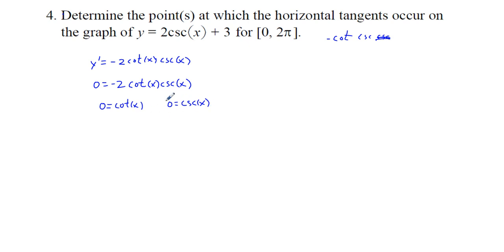Well, it so happens, as far as this cosecant equation, the cosecant will not be between negative 1 and 1. So we know that we can't get a 0 out of this one, but the cotangent we can, and what is cotangent? It's going to be cosine x over sine x.